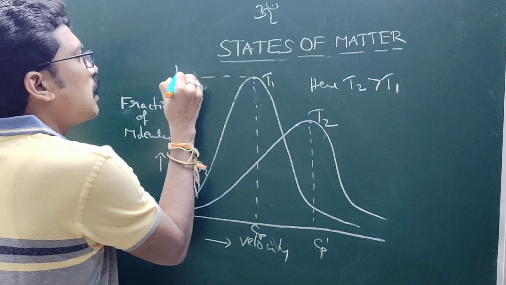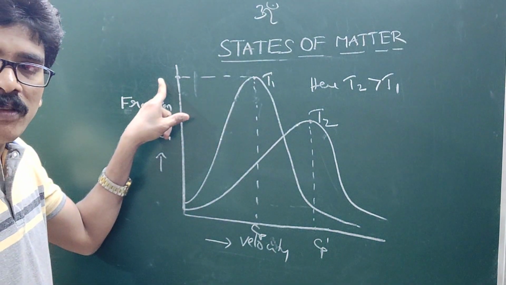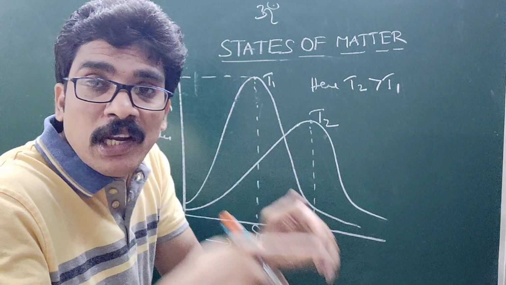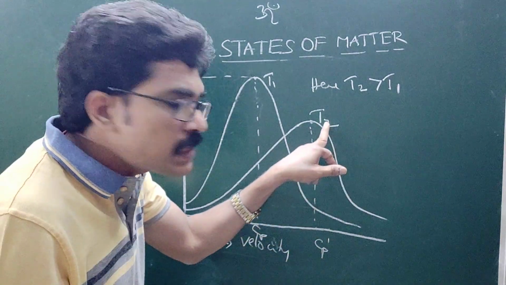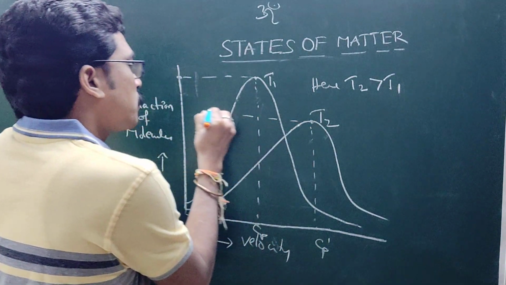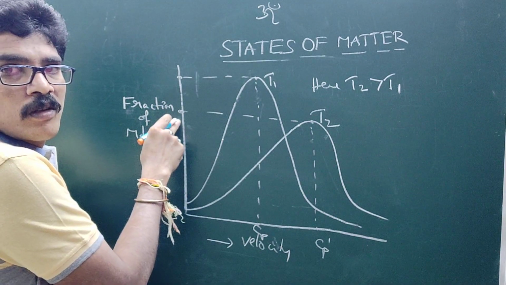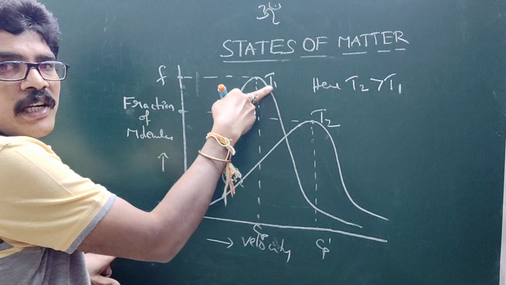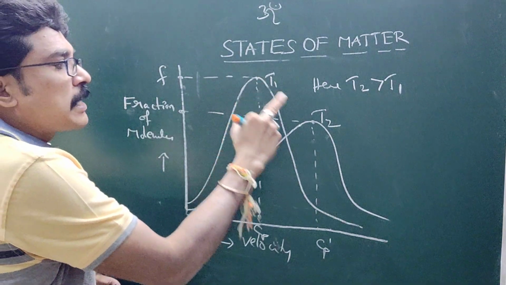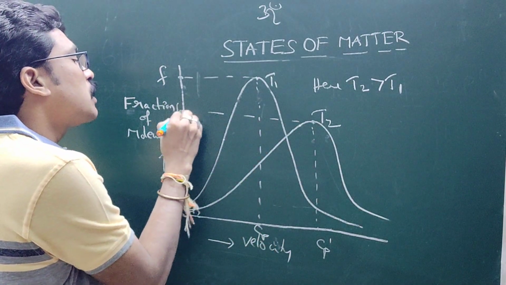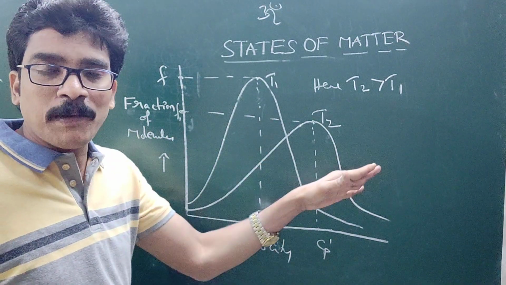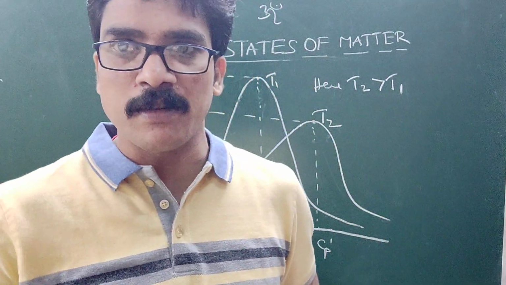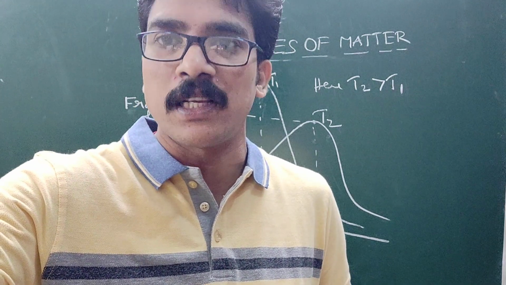At this temperature it is this much. Initially this is the fraction at temperature T1. At the higher temperature, what happens? Yes, it decreases. That is a very important concept related to the fraction of molecules, RMS velocities.